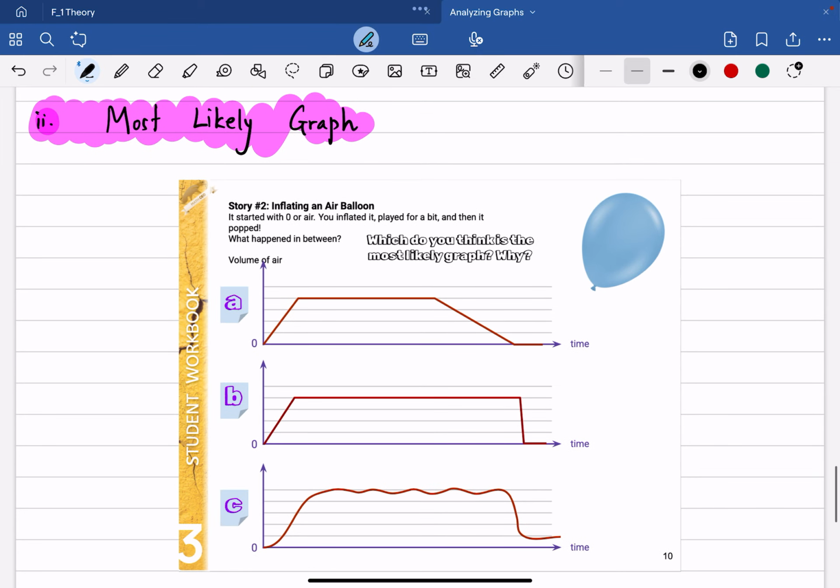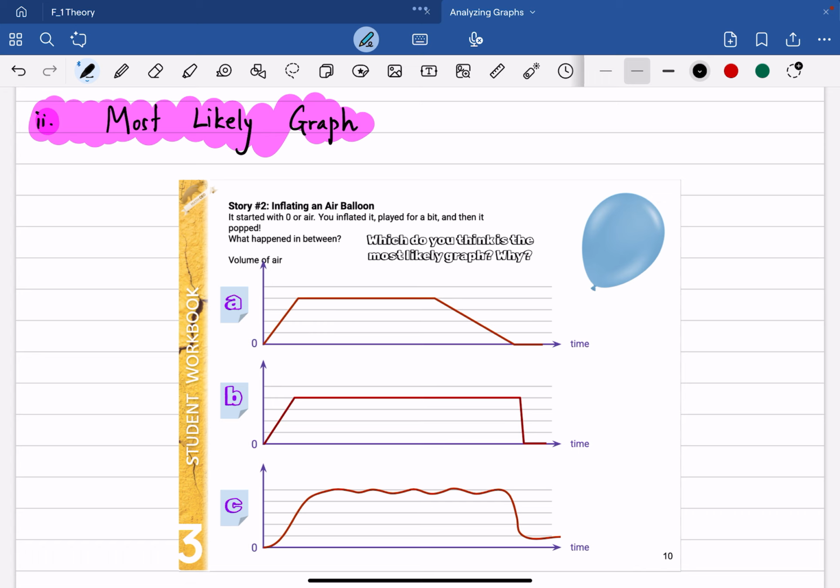What's our second activity? It's called Most Likely Graph. It's sort of the reverse of the first activity. So here, you give the students a situation and you give them 3 different graphs. And what the students have to do is pick the graph that fits the situation the best.